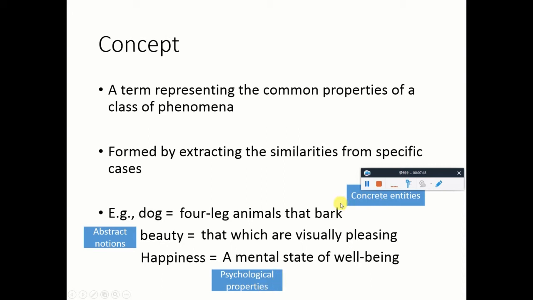So either way, you can see concept is a very useful tool. It is useful in that you can use a very simple term, a very simple phrase or expression to communicate ideas that might not be very easy to communicate if we stick to all these very long sentences. So that's concept.